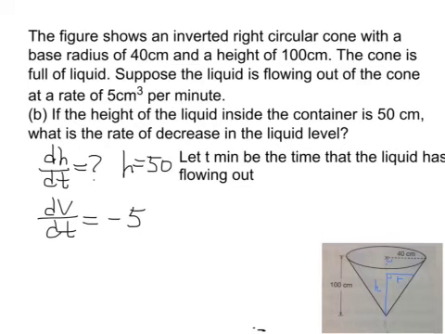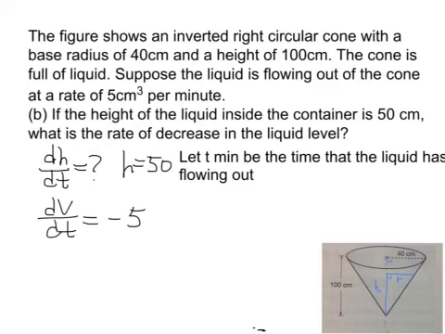So how do you put all these together? Well, we have to go back to our main variable. That's V, right? How do you relate these two together? That is exactly what we're learning in this chapter.